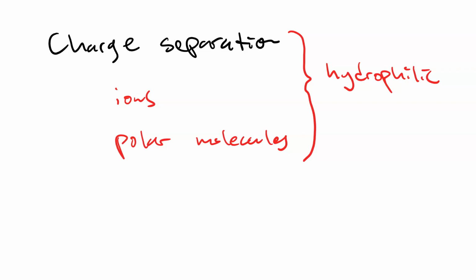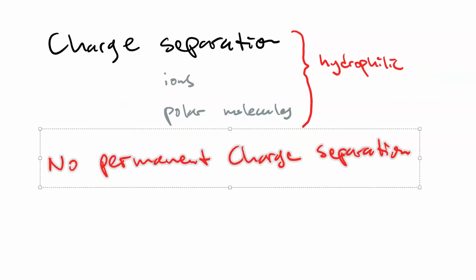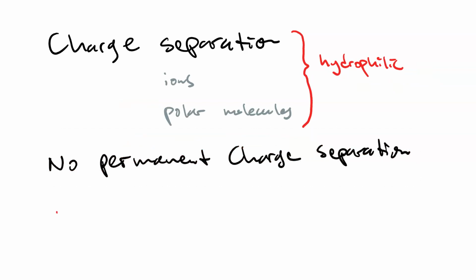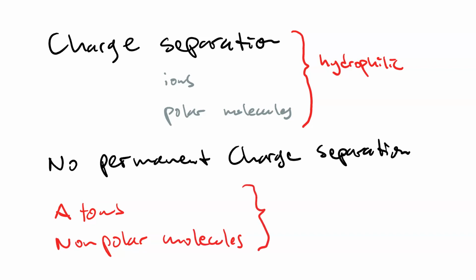Nonpolar substances have no permanent charge separation. Substances with no permanent charge separation include atoms and nonpolar molecules. So these substances are said to be hydrophobic or water-hating.